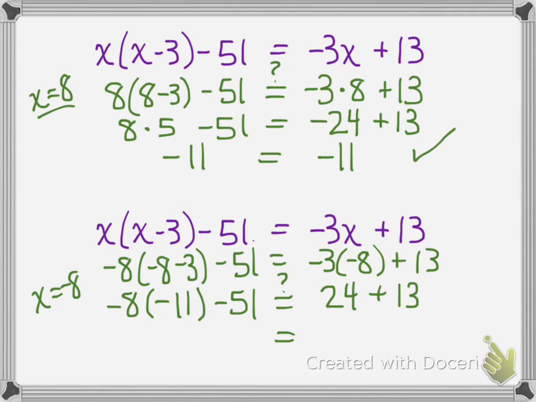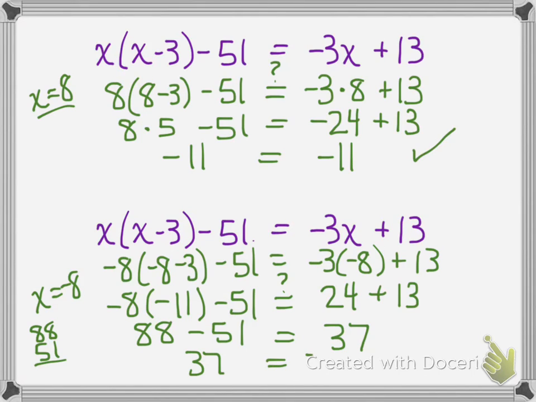So what do we have here? We've got negative 8 times negative 11, so that's 88 minus 51. And over here we've got 24 plus 13, which we can now see is 37. And 88 minus 51 is also 37. So 37 is equal to 37.